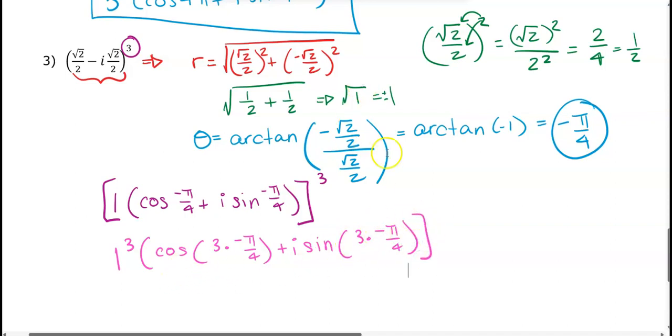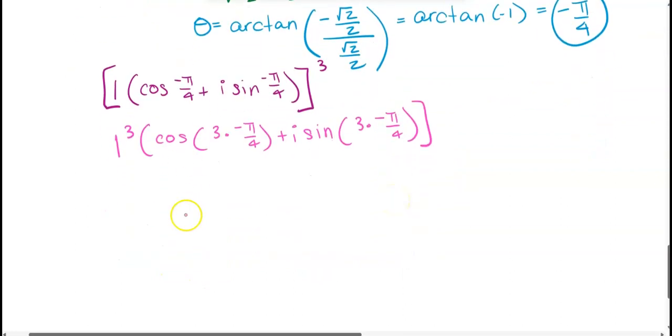Well, that's just going to get me negative 3 pi over 4, isn't it? And 1 cubed, that's just 1. So this right here would be cosine negative 3 pi over 4 plus i sine negative 3 pi over 4.